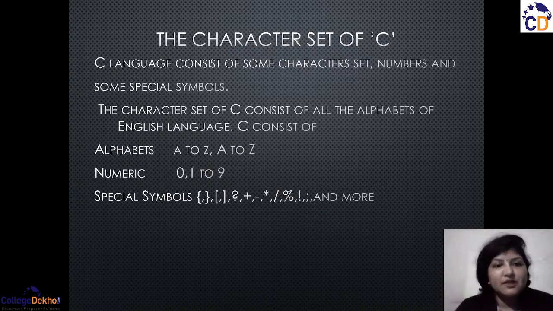You may have the alphabet from a to z in lowercase and A to Z in uppercase, numeric values from 0 to 9, and special symbols like ampersand, percentage, arithmetic operators, underscore, parenthesis, square brackets, braces. You may have a number of things that are included in the character set of the C language, right?